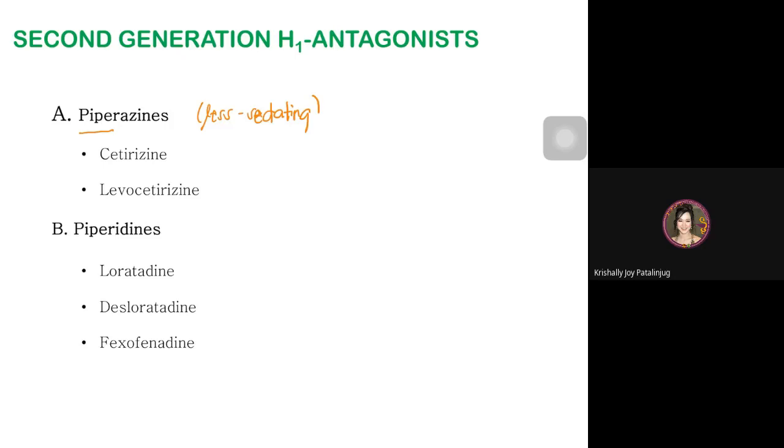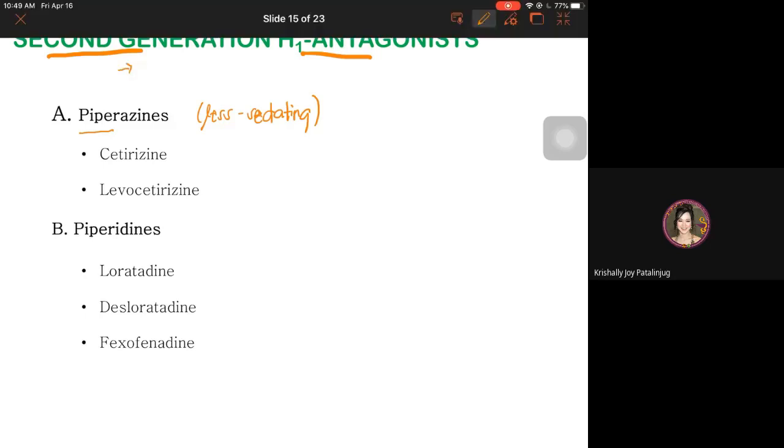Okay. Bakit less sedating yung second generation H1 blockers? Bakit less sedating sila? Kasi yung characters nila, less lipophilic. Less lipophilic sila compared to first generation H1 blocker. 'Di ba sabi kanina sa mga prior slides, ang histamine 1 blocker highly lipophilic.